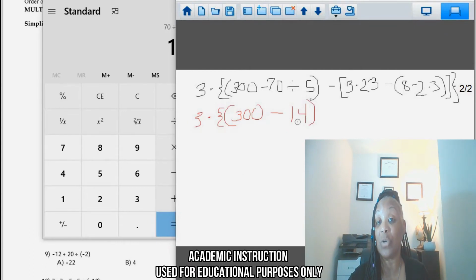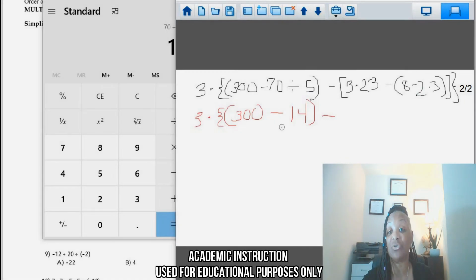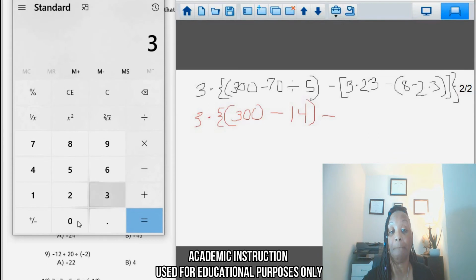So we have a negative 14. We have gotten rid of our division sign inside of our parentheses. Okay? Now, we can actually continue to solve here before we move on to the next parentheses, okay? Which I'm going to actually do so that we can continue to simplify this parentheses before we move on to the next, okay? So then we have 300 minus 14. And we get 286.